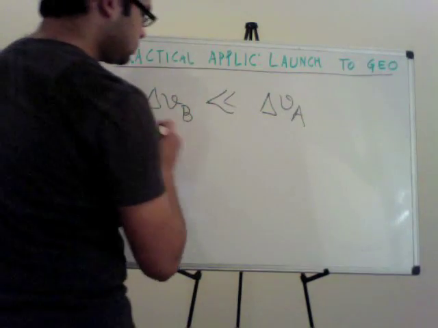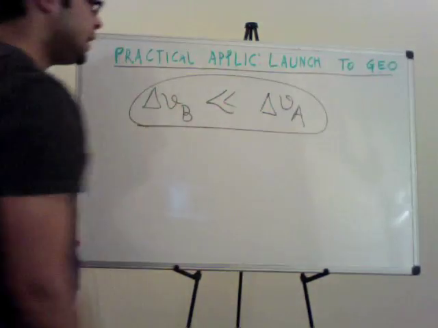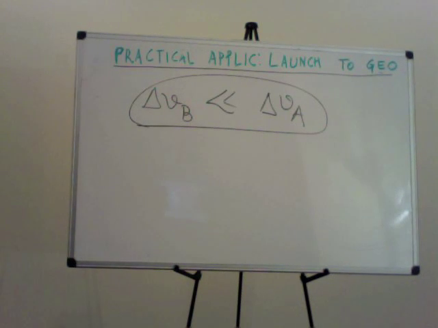So method B, it seems, should be used to transfer the spacecraft from launch to geostationary orbit. Okay.